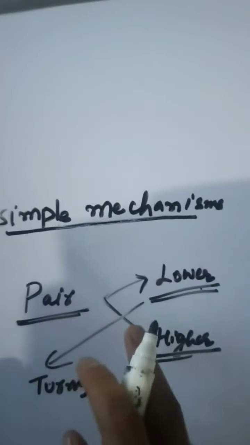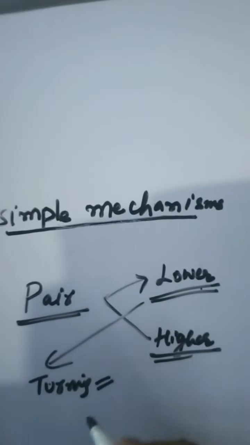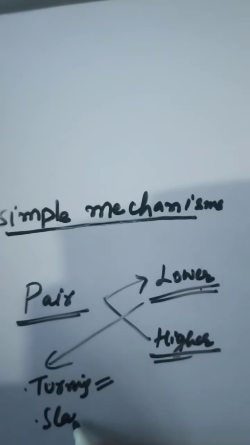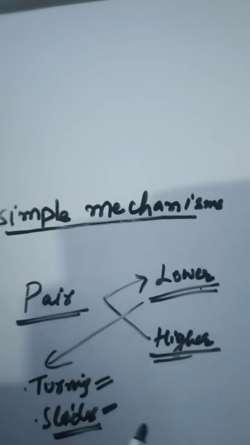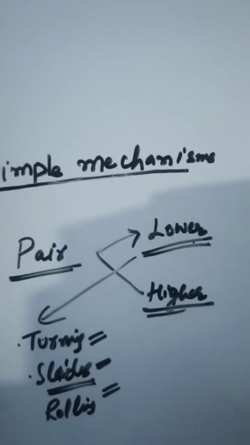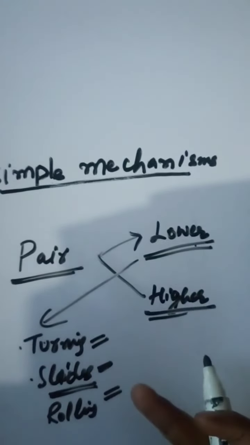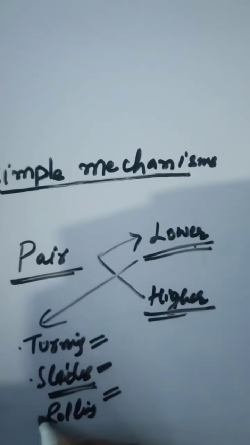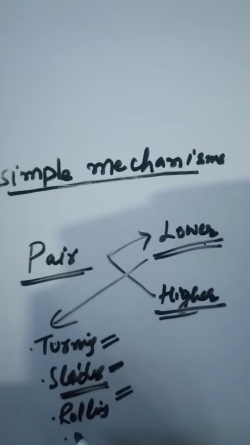If there is a rotatory type of motion, it forms a turning pair. Then next to it is the sliding pair, in which one link slides over the another. If there exists only the sliding pair, it's again a lower pair. And the third, we will also see the rolling pair, when one link rolls over the another. Okay, that's another lower pair.